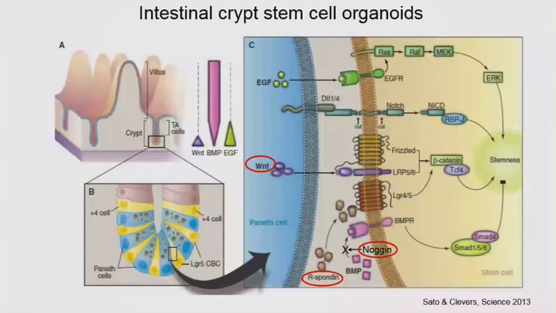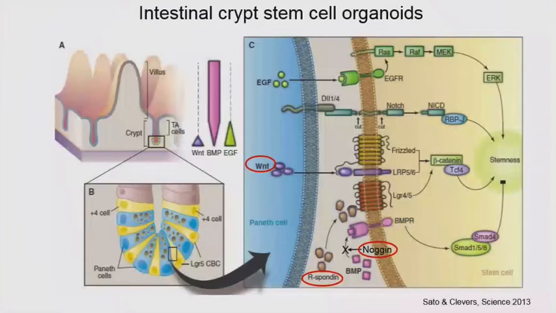They found that essentially R-spondin and noggin are required, and then also Wnt3a, which can be added to the media.